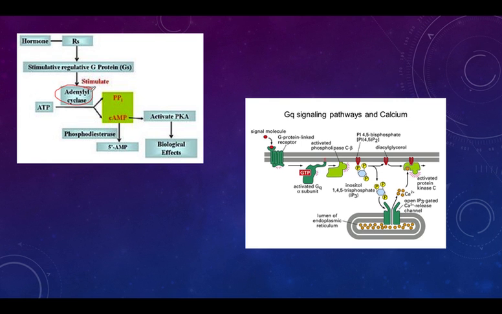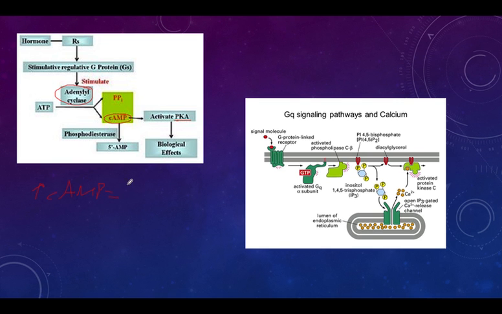And adenylyl cyclase causes the conversion of ATP to cyclic AMP. And then there's an activation of protein kinase A. There's changes in gene transcription, upregulation of transcription factors, all kinds of stuff that goes on.